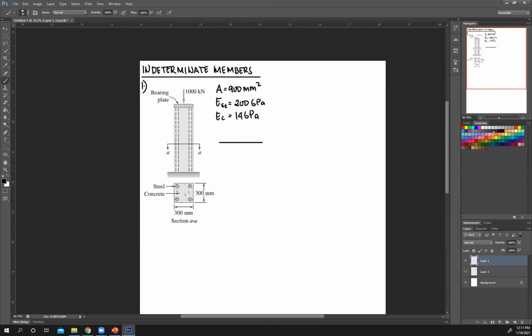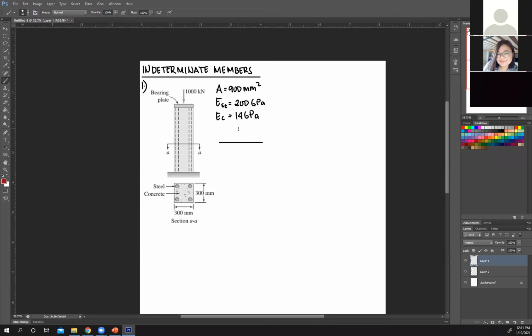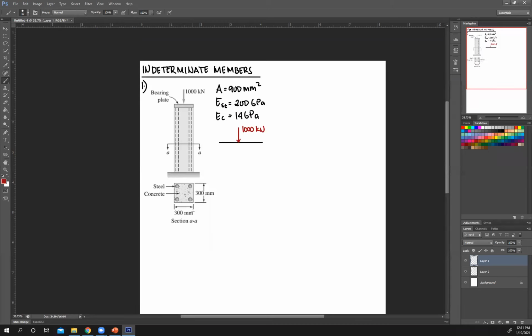You have this force, which is 1,000 kilonewtons. And then this 1,000 kilonewtons will be carried by your steel and your concrete. So your steel and concrete will react. So let's draw this.